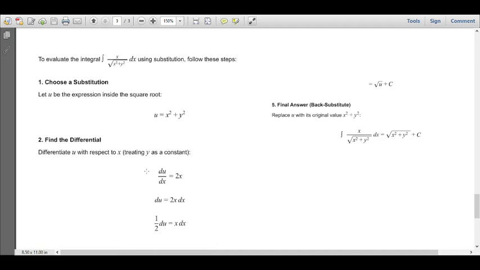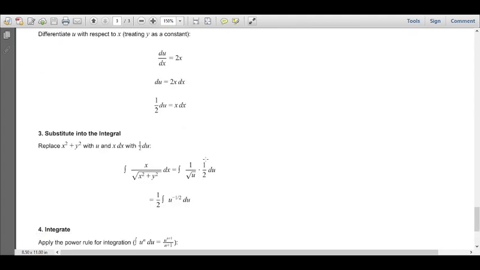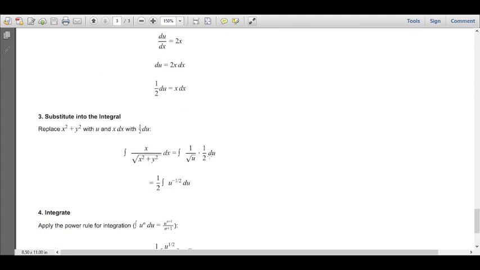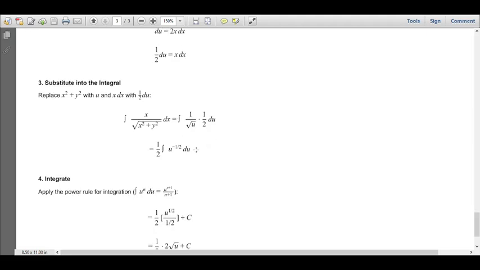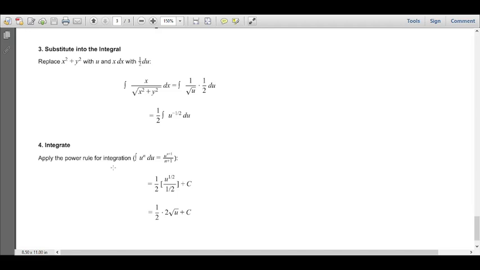Substituting in the integral, what does it become? X square plus y square is replaced by u, so the denominator becomes root u, and x dx becomes 1 by 2 du. So this is the integral of 1 by root u into 1 by 2 du. 1 by root u means u power minus 1 by 2 in the numerator, du. Now apply the power rule of integration, integral u power n du equals u power n plus 1 by n plus 1.